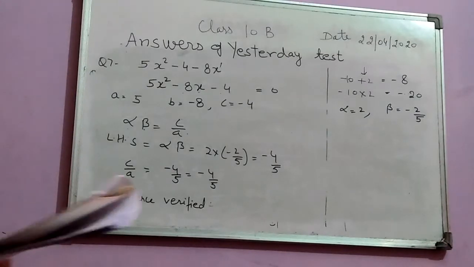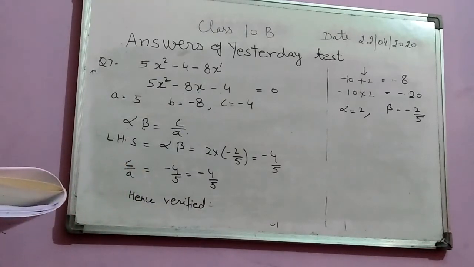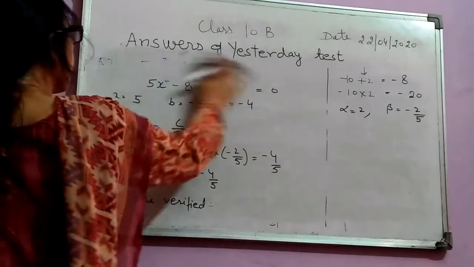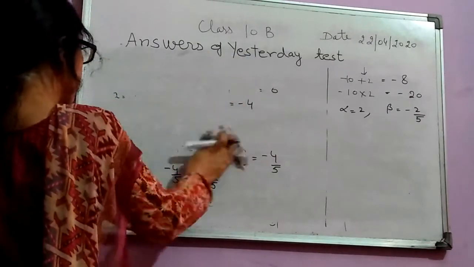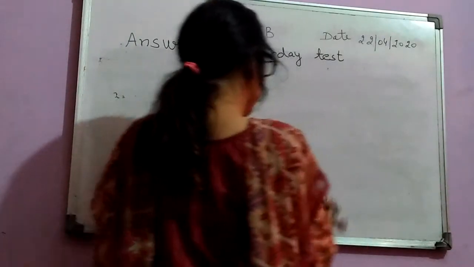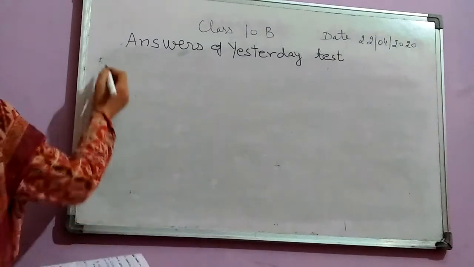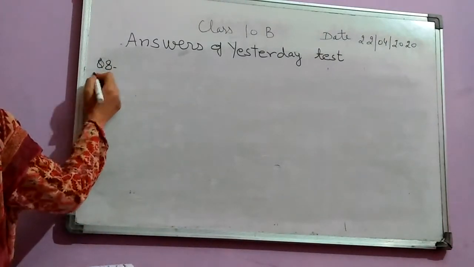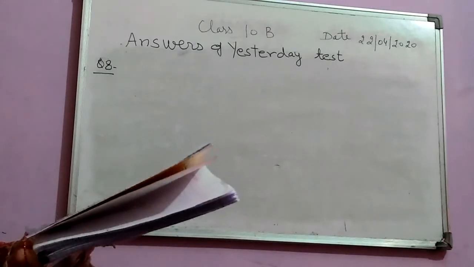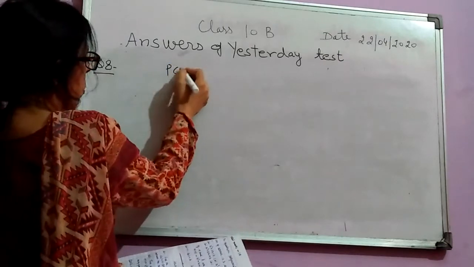Now I will tell you the answer of question 8. Question 8 is: find all the zeros of the polynomial. The polynomial is p(x).